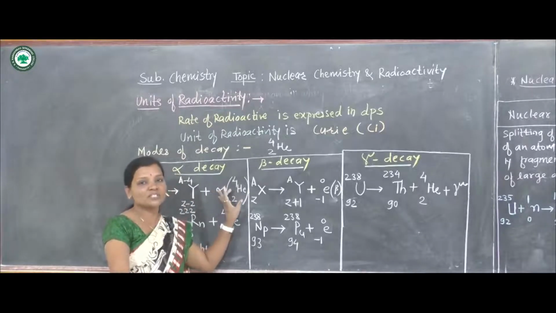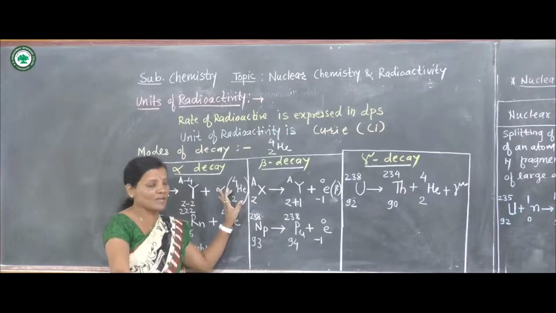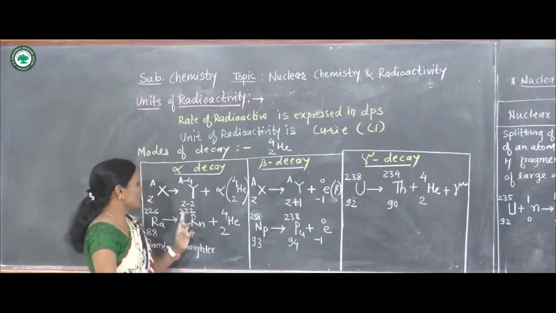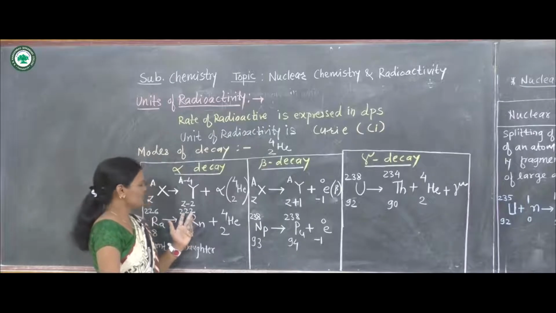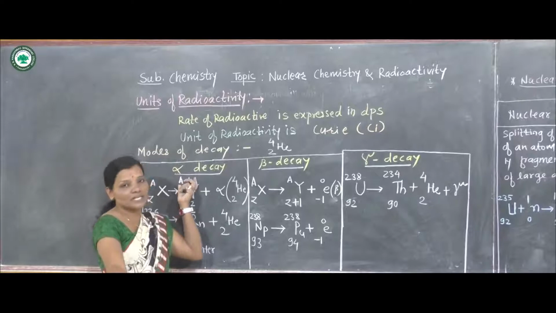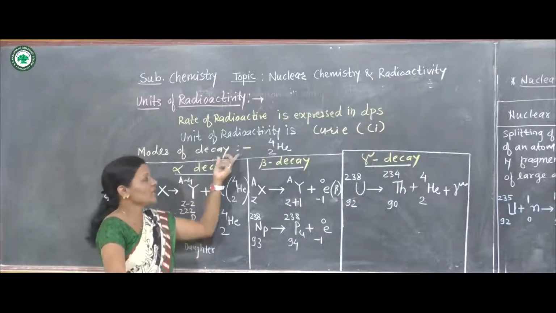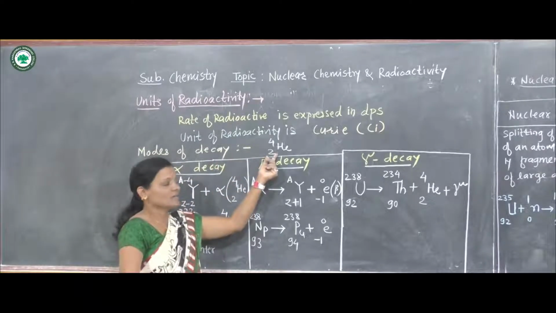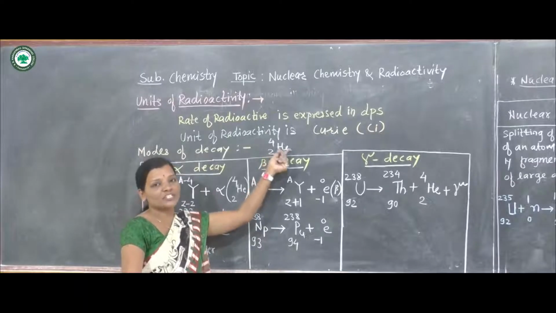The nucleus obtained has an atomic number less by 2 units, and the mass number decreases by 4 units, because helium is expressed as 2He4.